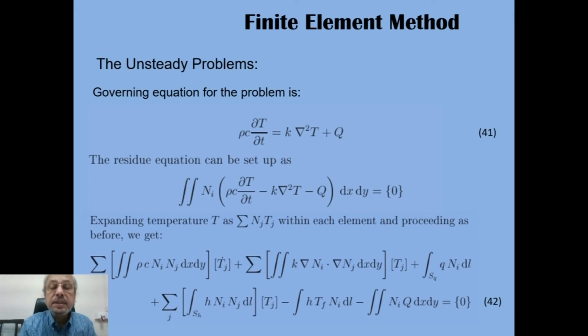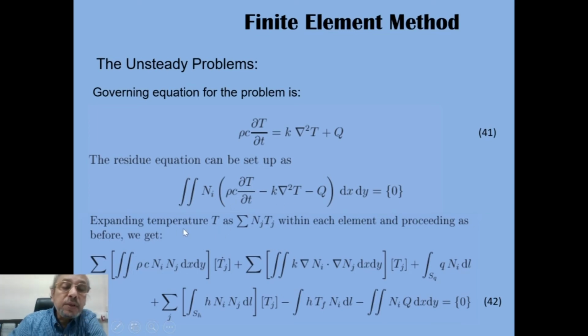The basic idea is that if the shape function is correct, and the temperature is correct, then eventually this integral will produce 0. So basically the error will be minimized.